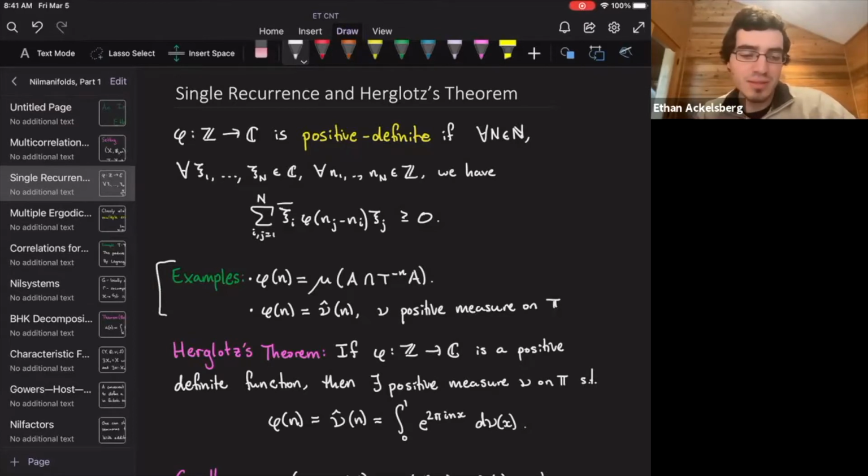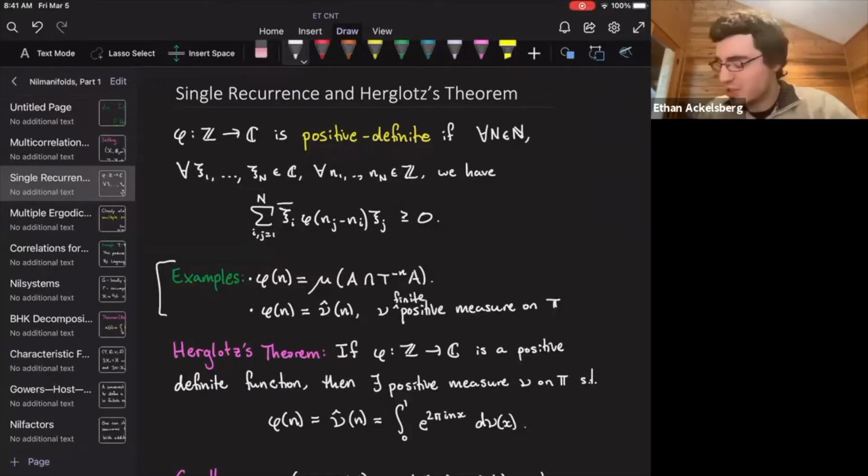So some sequences that are positive definite are these correlation sequences, the measure of A intersected with T to the minus na. And another natural class of examples is the Fourier transform of some finite positive measure on the circle. And you can check.